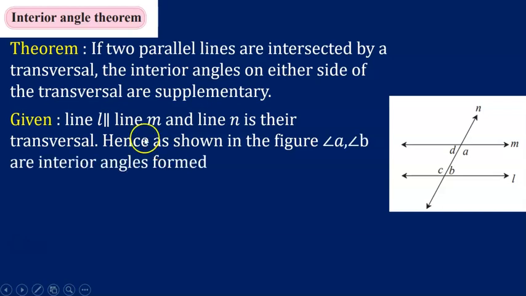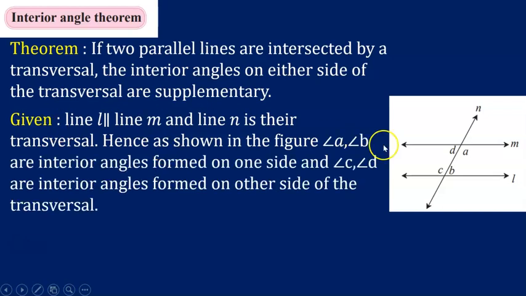In the given, we describe the given figure, whatever we have been given: two parallel lines intersected by a transversal. Here, line L and line M are parallel lines.